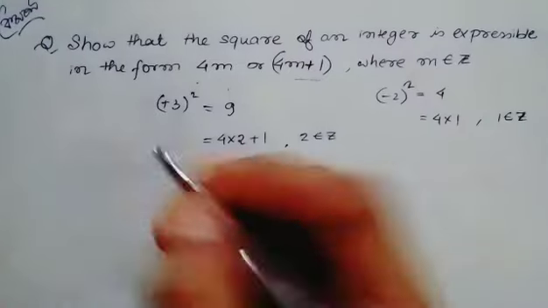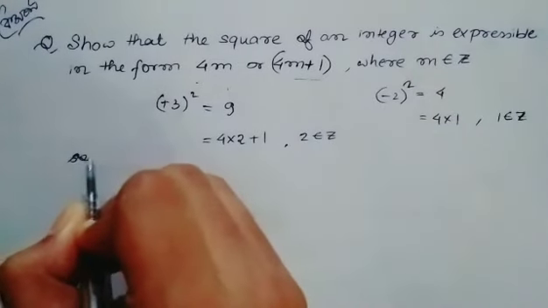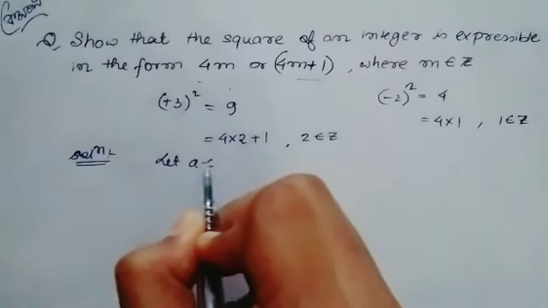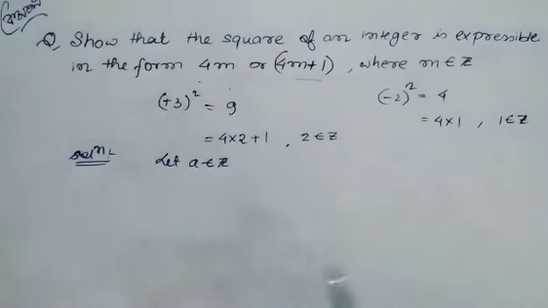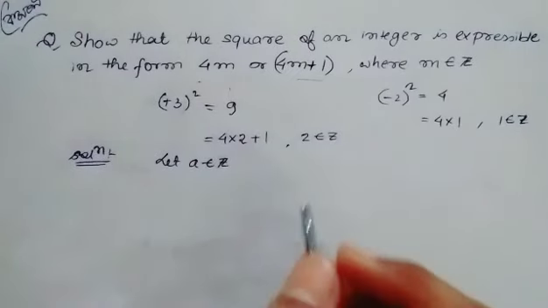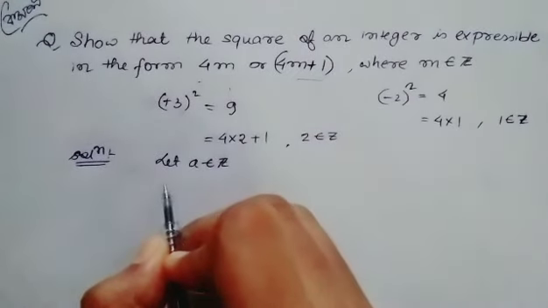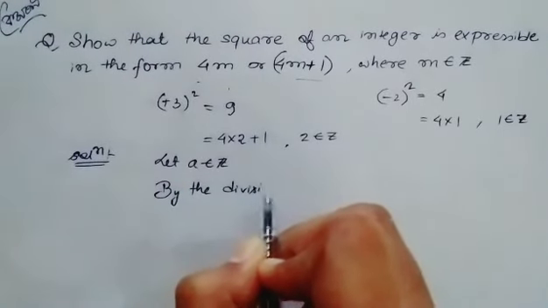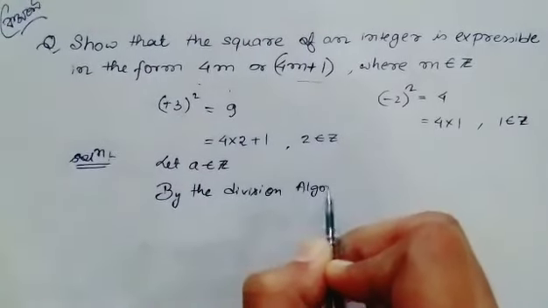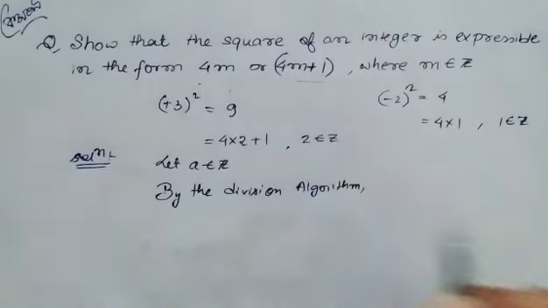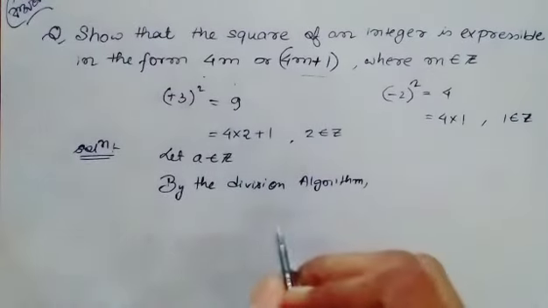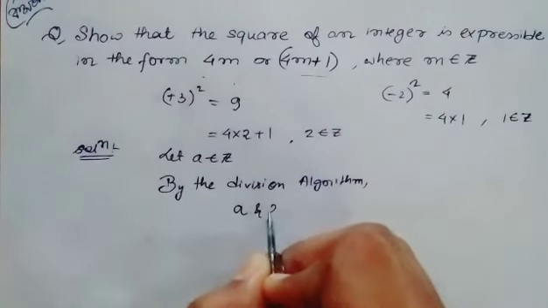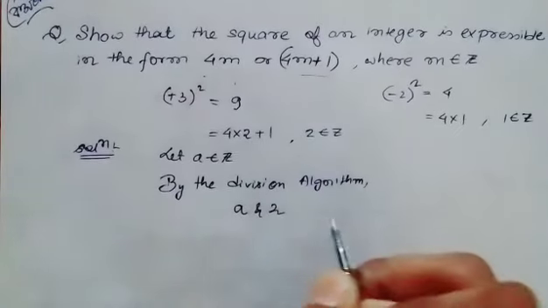Solution. Let a belong to integer. So let us consider that a belongs to an integer, then by the division algorithm, let's consider b to be 2.